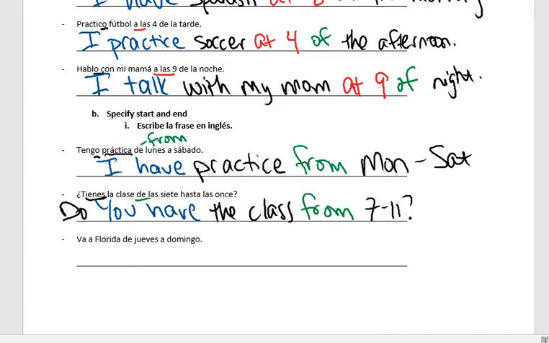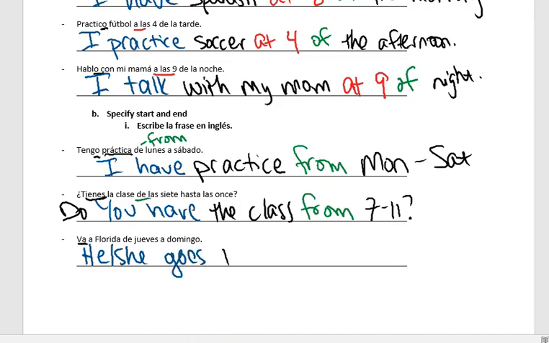Va a Florida de jueves a domingo. So, when we're talking about Florida, we live in Illinois, so you typically what to Florida? You go. So, va is he, she, or it goes. And they're going, goes with me.